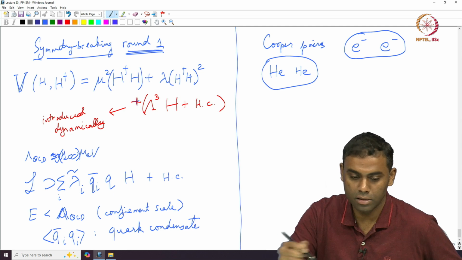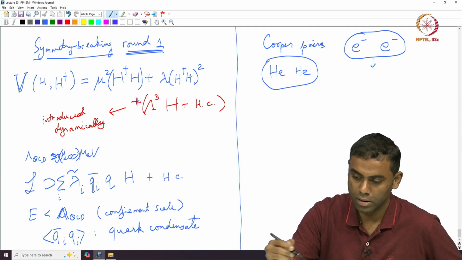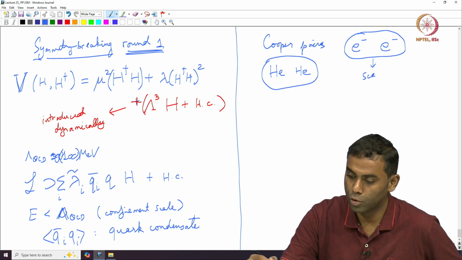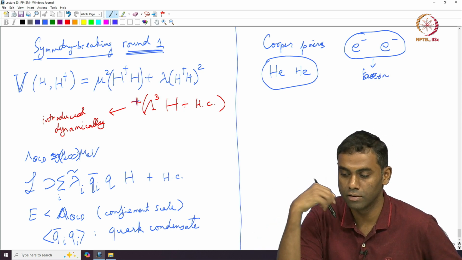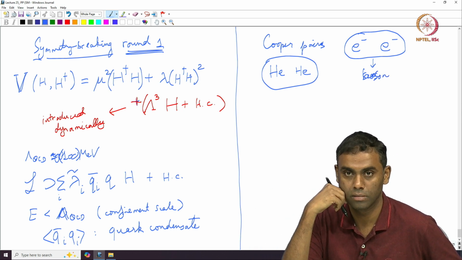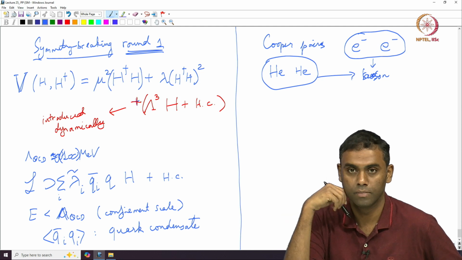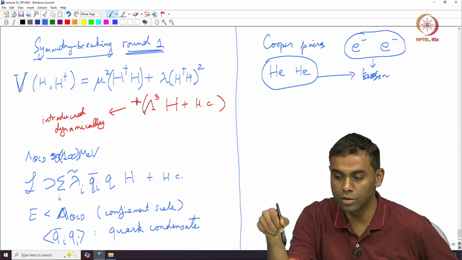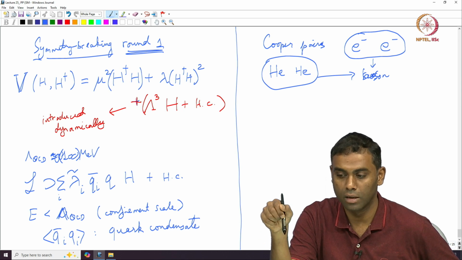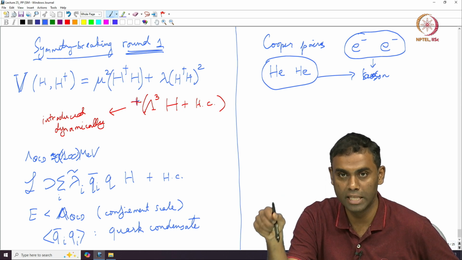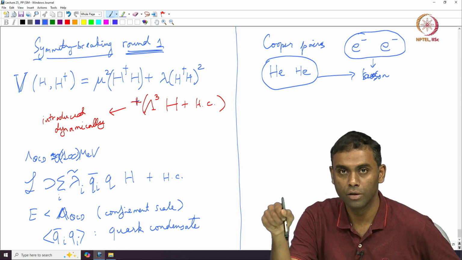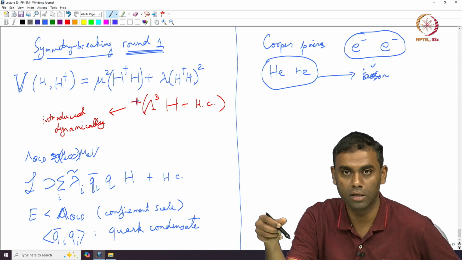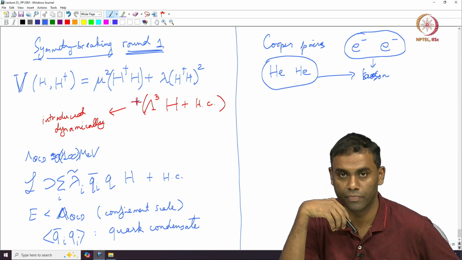So, this forms a bosonic state, right, as opposed to a fermionic state, which are the individual electrons, right. So, remember this, and because you describe the superfluid using these degrees of freedom, you no longer have resistance and viscosity and so on, correct.